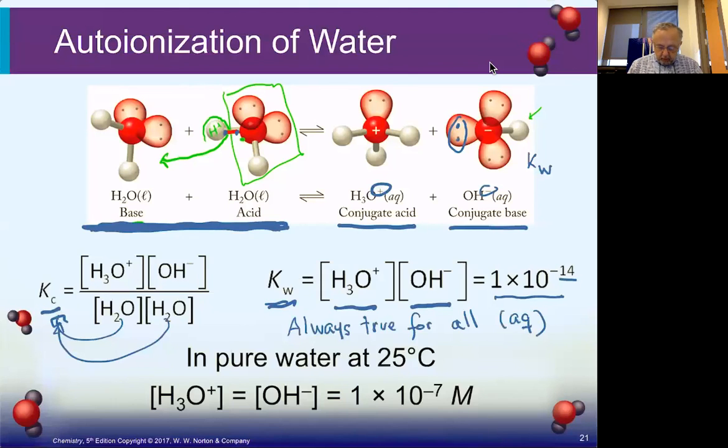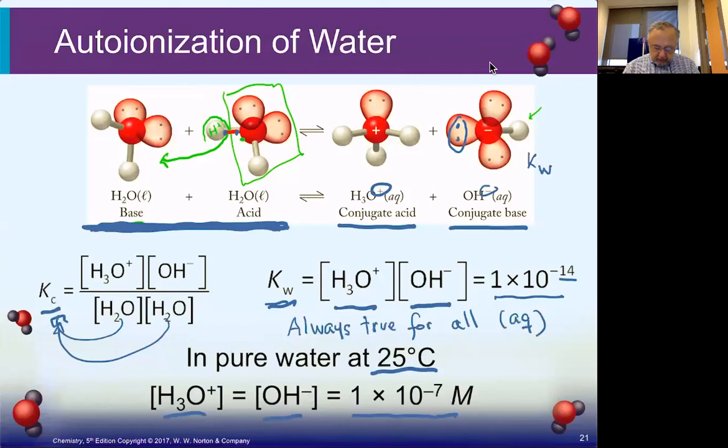So in pure water at 25 degrees centigrade, which is the laboratory temperature, the concentration of hydronium ions and hydroxide ions is 1.0 times 10 to the minus 7. Although the water is neutral because it contains equal amounts of acid and base, there are some hydronium ions and some hydroxide ions, even if you have pure distilled water.